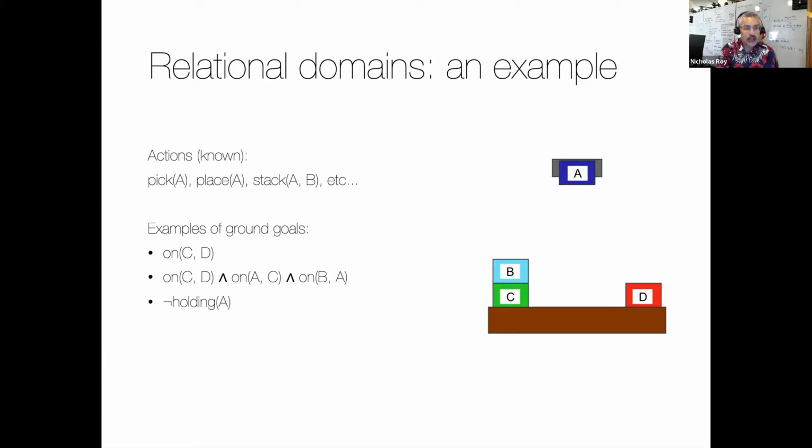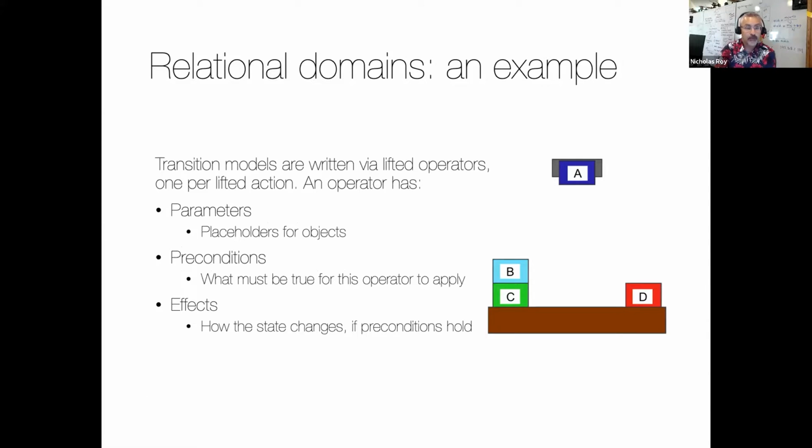We may have grounded goals that have specific literals included inside the predicates, or we may have lifted goals that have unbound variables in the predicates. And we'll see that these two different kinds of goals have different effects.